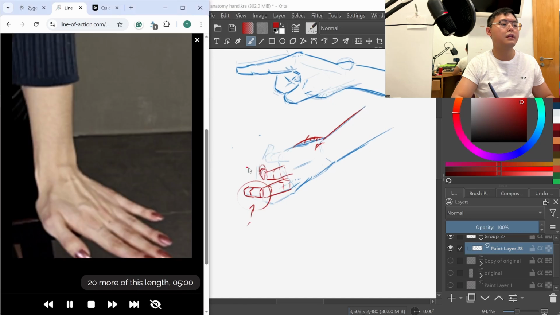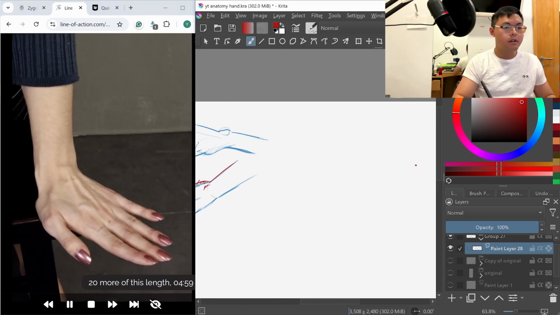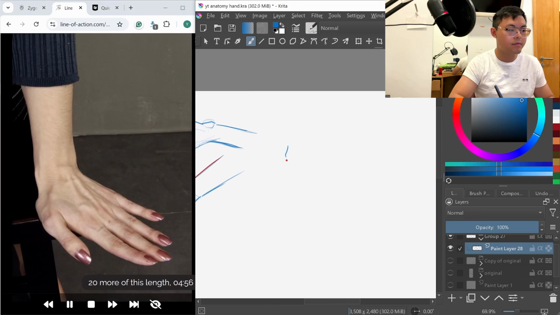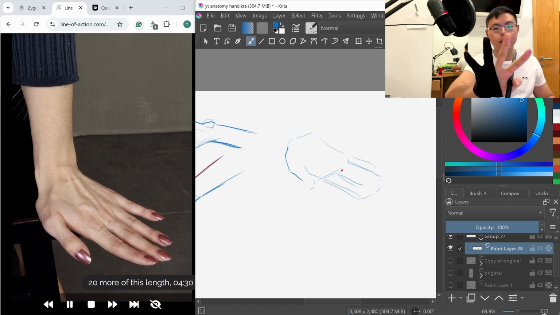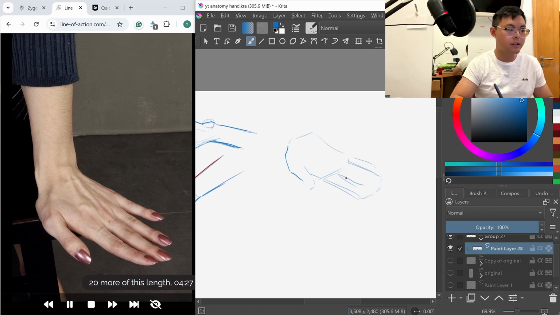Next one. Roughly here. Sometimes I will combine the middle finger and the index finger together, so that'll be just four fingers to be aware of.